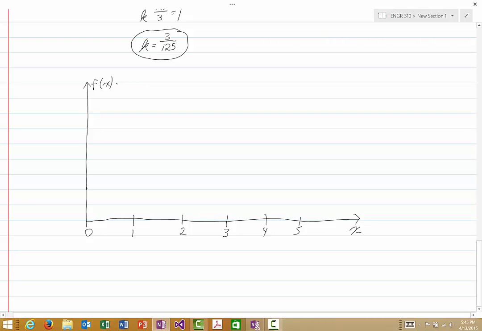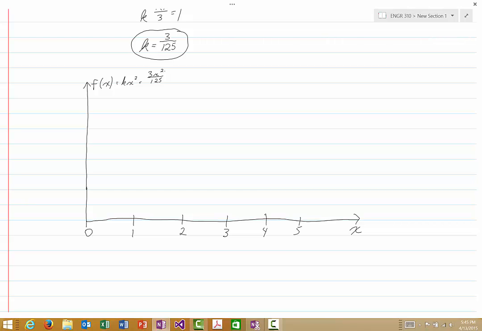And this is equal to kx squared, which is equal to 3x squared over 125. Let's just think about this for a moment. The largest value that f of x will have is when x is equal to 5, and it'll have a value of 75 over 125.